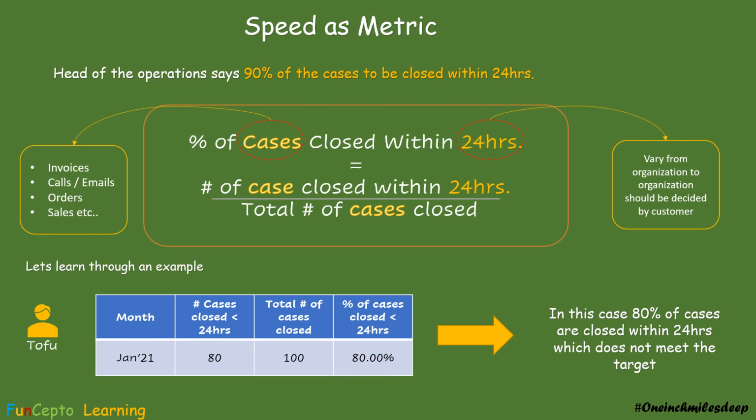This varies from organization to organization, and the best way to look at this is from the customer's point of view. Now you can set your own targets, but if they are not aligned to what the customer's requirements are, you would not have the business running. So you should always align this to the business.